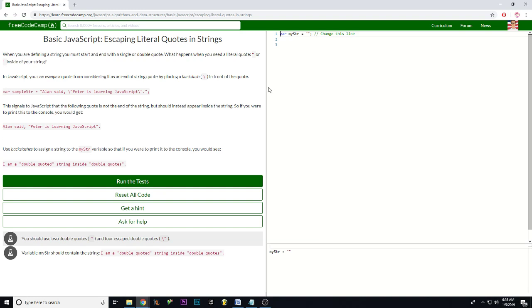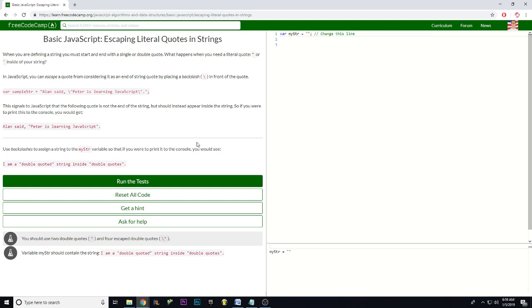Basic JavaScript, escaping literal quotes in strings. So let's say you're making a string here, but you want to include a quotation mark. But the quotation mark implies that you're beginning or ending the string. So how do you do that? Well, that's what the backslash is for. So here they want it to be, I am a double quoted string inside double quotes.